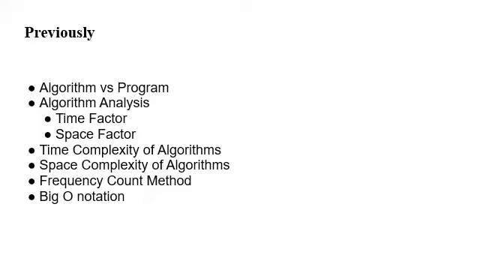Similarly, for space complexity, we found a generic representation of the units of memory that an algorithm consumes while executing. For both factors we used the frequency count method, and the final representation was the big O notation, which represents the worst case for the complexity of an algorithm.